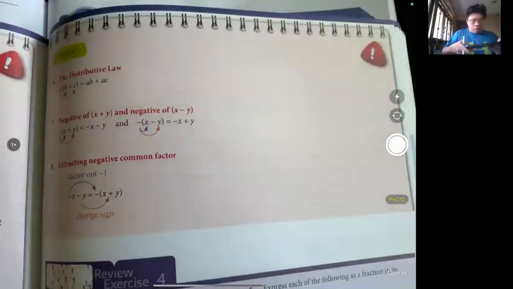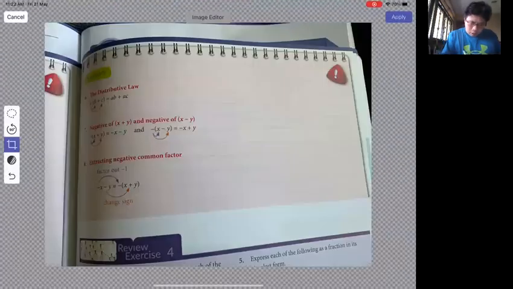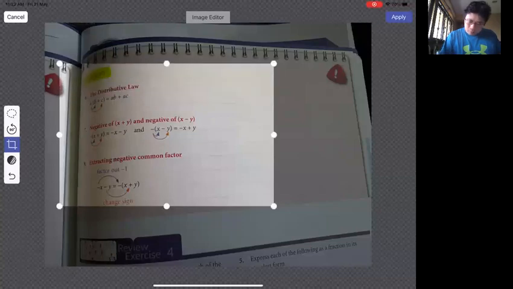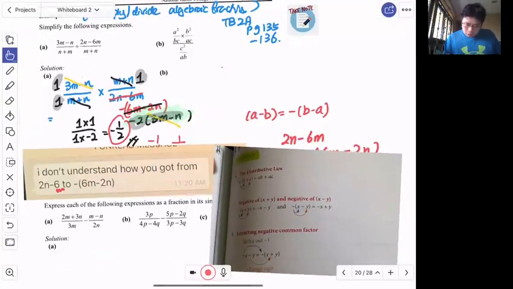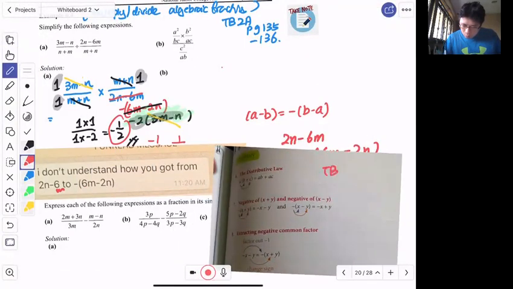One place that you can refer to or find this in your textbook is this part here. This is from the textbook, book 1A, page 119, in case you want some solid reference.